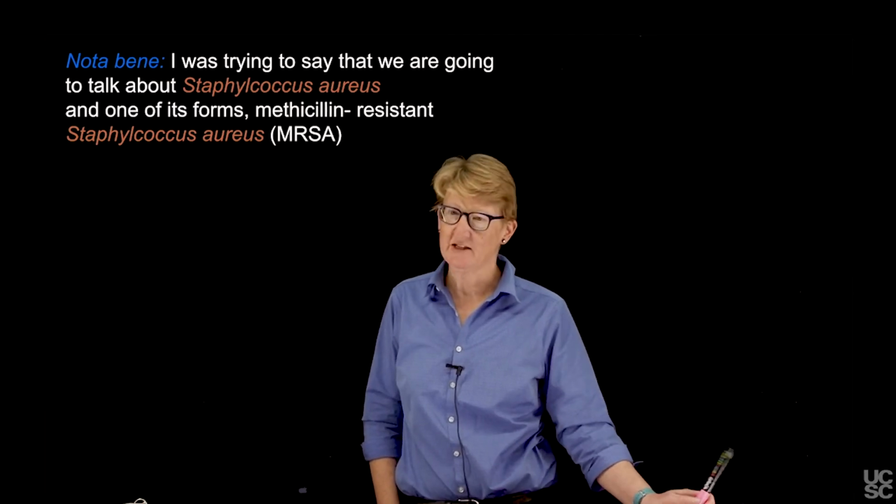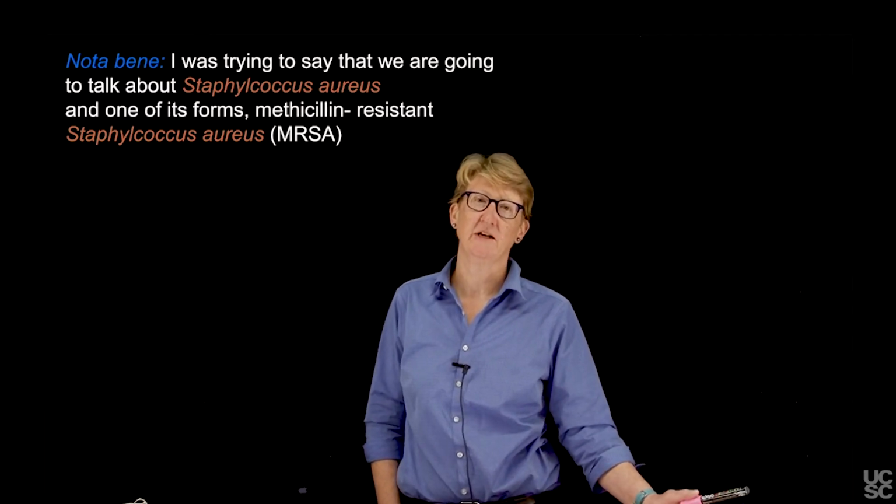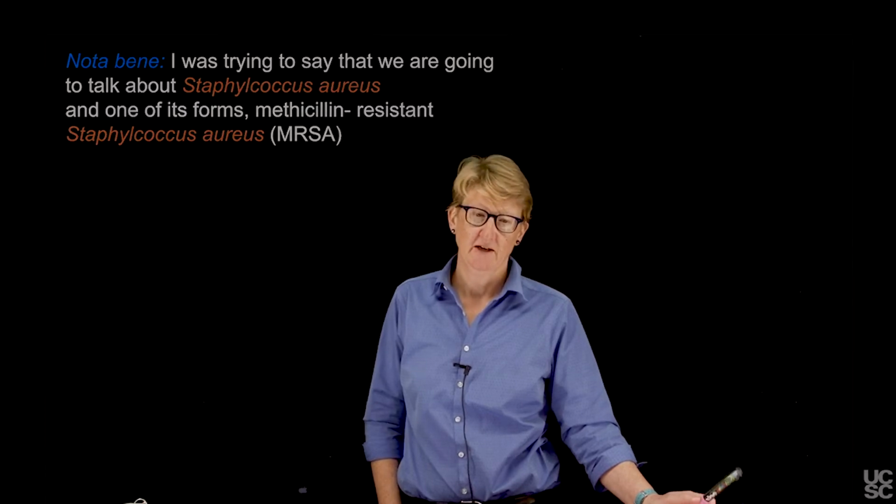So we start out with a case which illustrates some of the interesting aspects of MRSA. And that is related to the National Football League. So it's from your book, and it describes how in 2003, the St. Louis Rams, some of the players started getting infected abscesses.